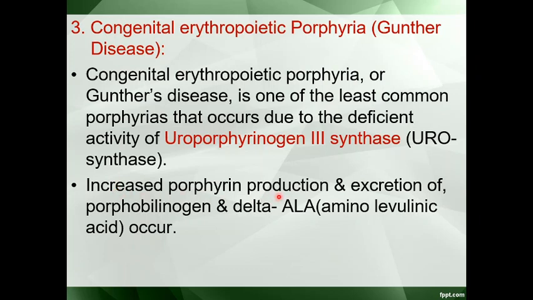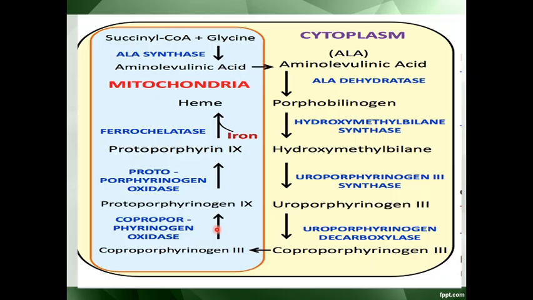Increased porphyrin production occurs, with excretion of porphobilinogen and delta aminolevulinic acid. Which enzyme is deficient? Uroporphyrinogen 3 synthase. Porphobilinogen and delta aminolevulinic acid are increased because the cycle is blocked here and does not pass onward.